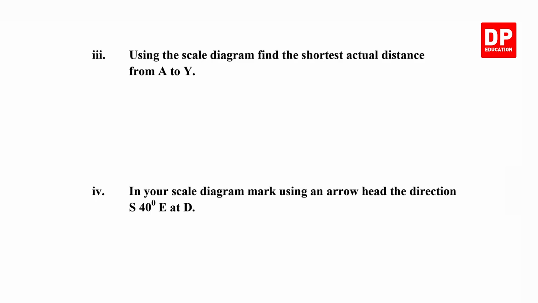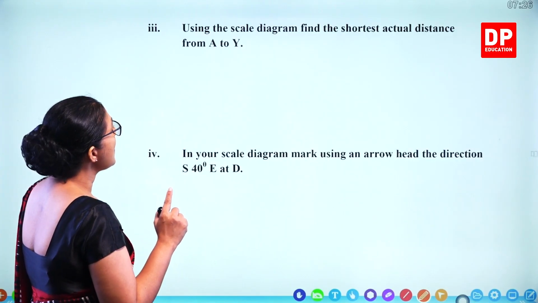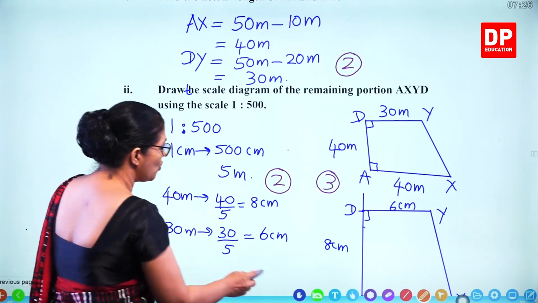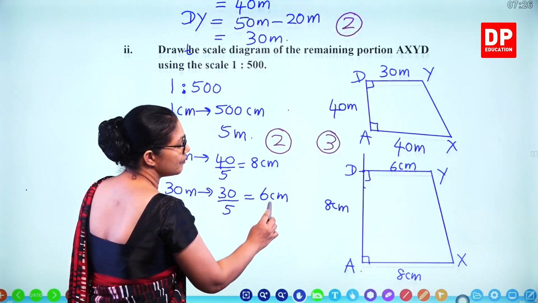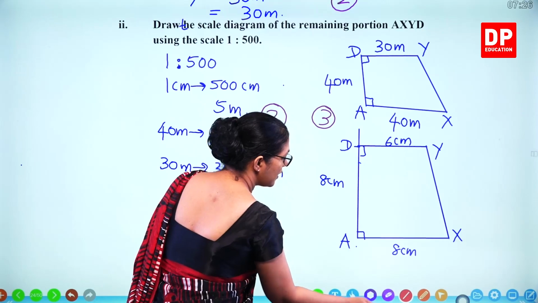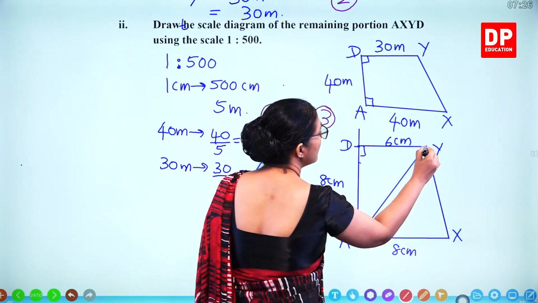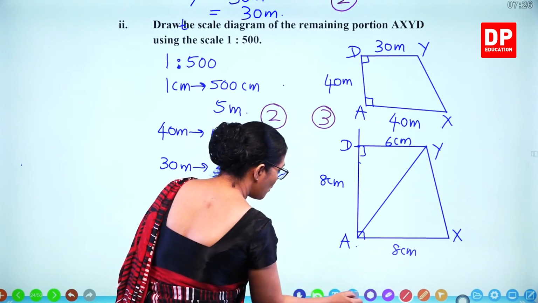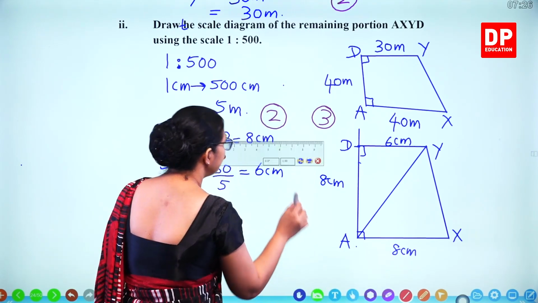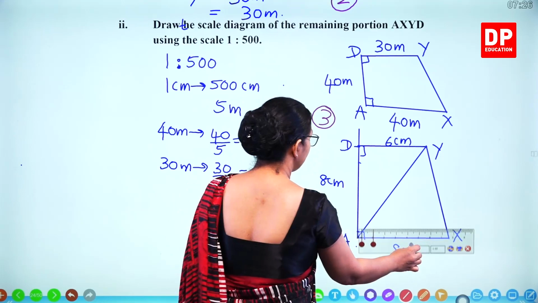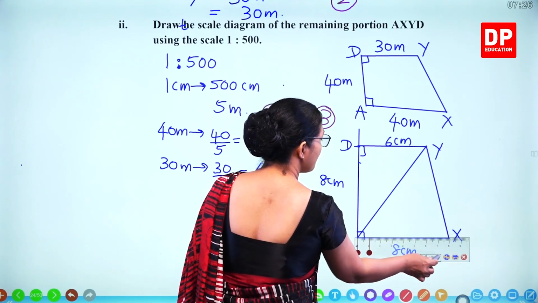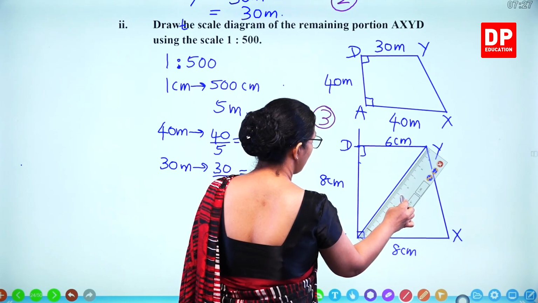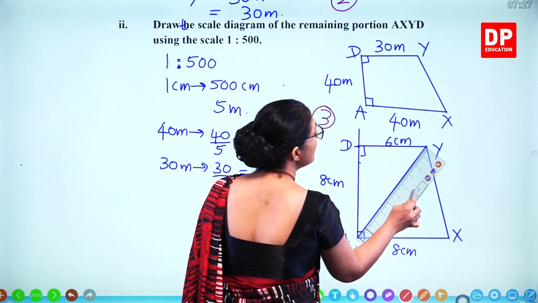Using the scale diagram, find the shortest actual distance from A to Y. You can connect and measure the length. So we'll use the ruler. We'll take the ruler and measure.